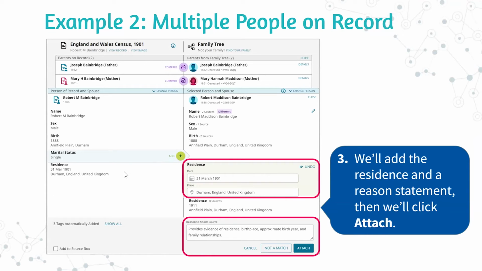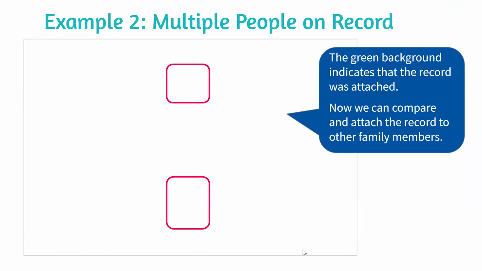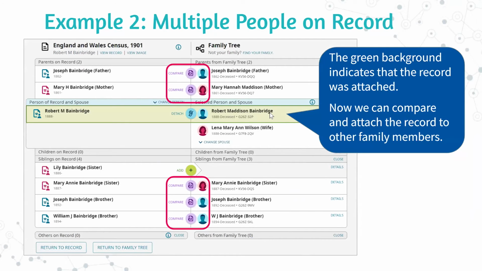So I do feel that the residence adds value because you'll get that nice list of residents in the other information section. So I clicked the green plus sign to add the residence, and then I also add a reason statement here and then click attach. As we saw before, once the source is attached, the background turns green, but I'm still here in the source linker, and now I can very easily attach this source to all the other family members.